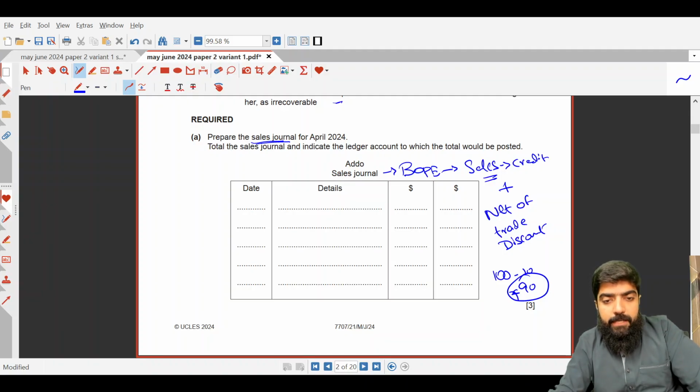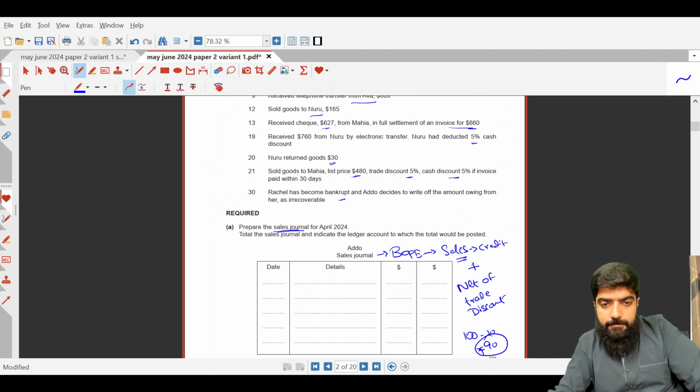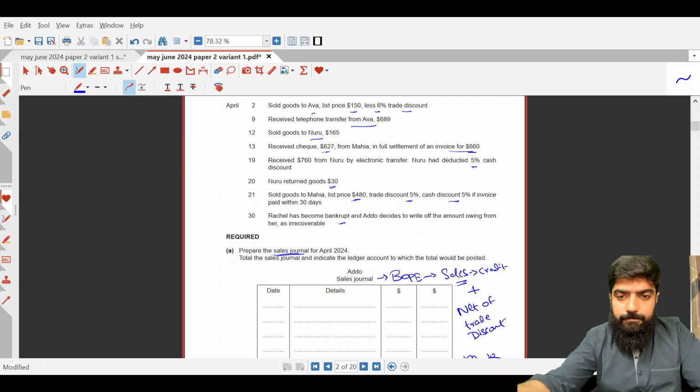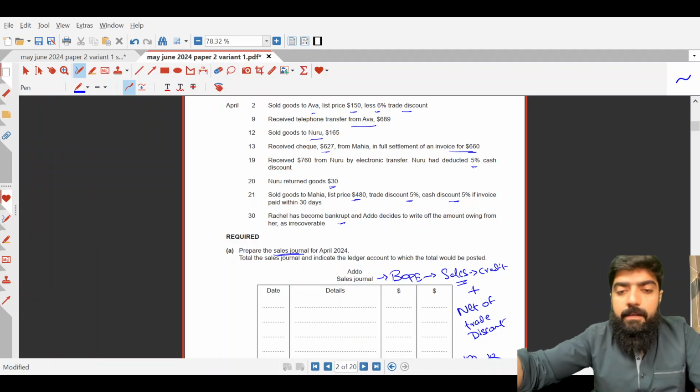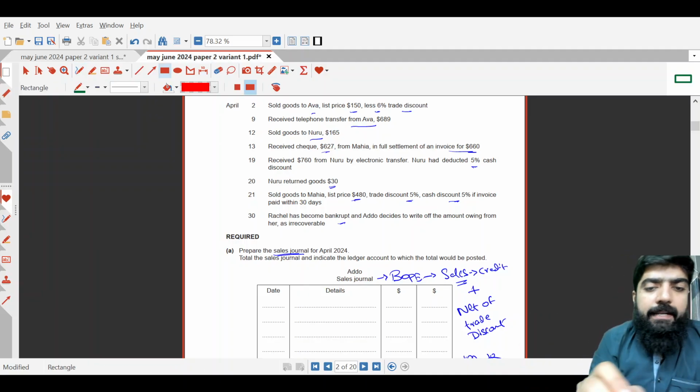So can you please try this question? Yes, sure. Okay, good. Sold goods to Eva, list price this much. First, Ammar, gather the transactions: which ones will be recorded, so that we can highlight them.